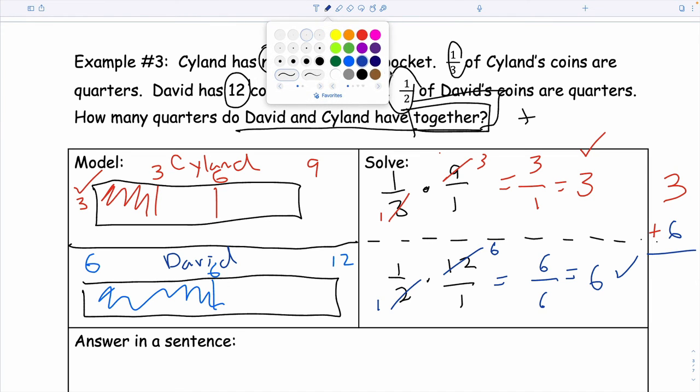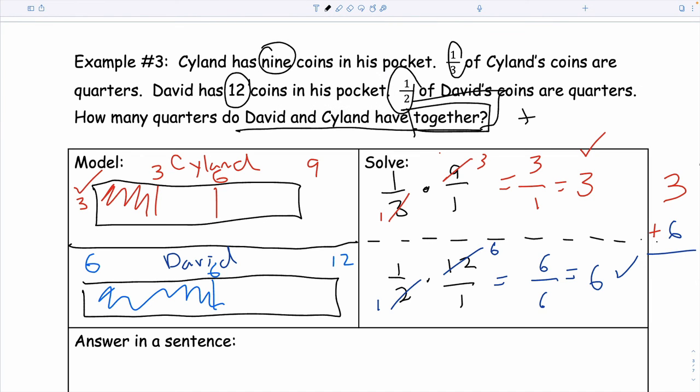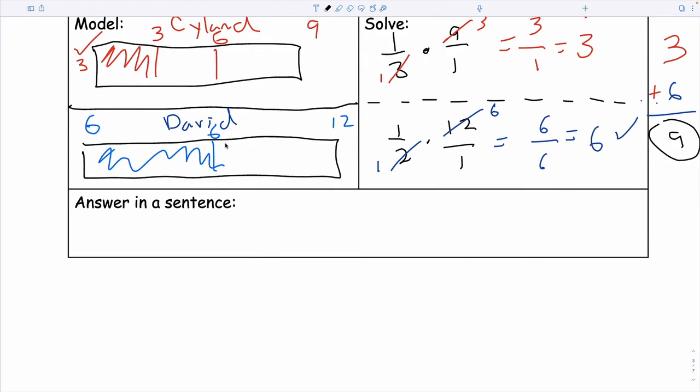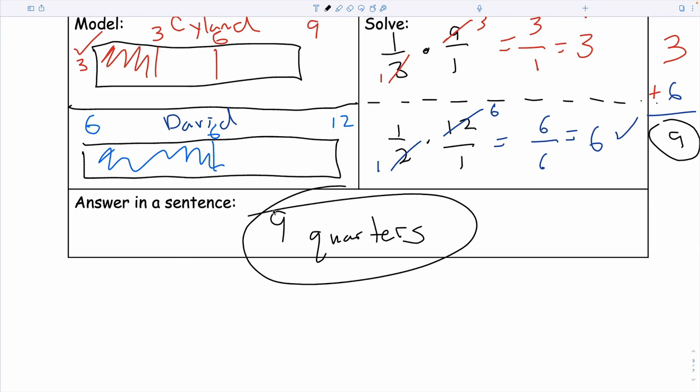Be careful, we're going to start entering into word problems where there are 2 operations going on, multiplication and addition. Think through it before you just spit out an answer. 9 quarters total is your answer. You have 5, 10, 15, perfect.